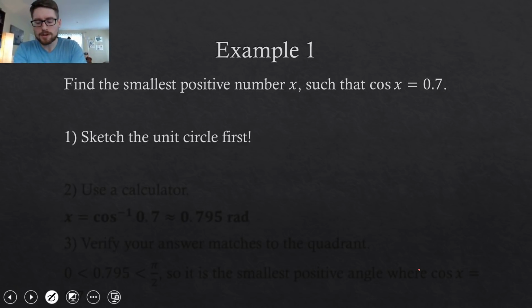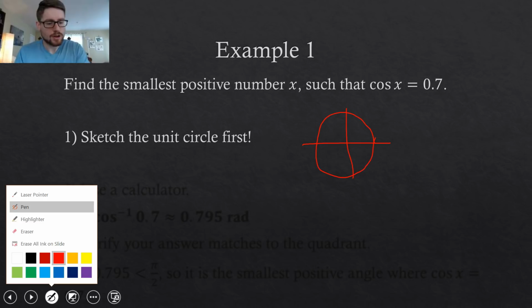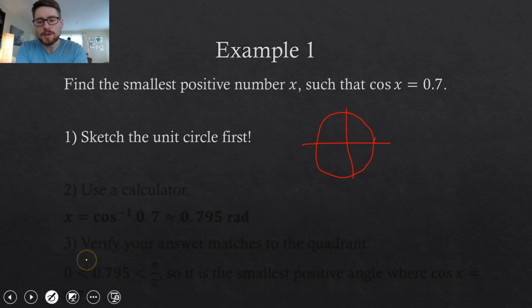But first, I want you to sketch the unit circle so that we get a sense of what the answer should be. Now, here's our unit circle. Remember that the cosine inverse is from 0 to pi. So cosine inverse is only going to get you answers that are in the upper half plane, angles from 0 to pi.